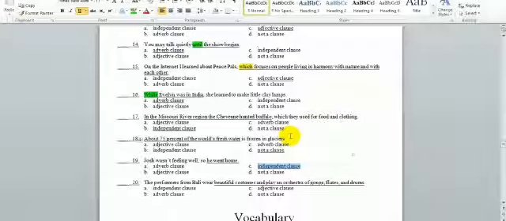Let's go to number 20. The performers from Bali wear beautiful costumes and play an orchestra of gongs, flutes, and drums. Beautiful costumes and play and so on. I don't see any subject. No subject.